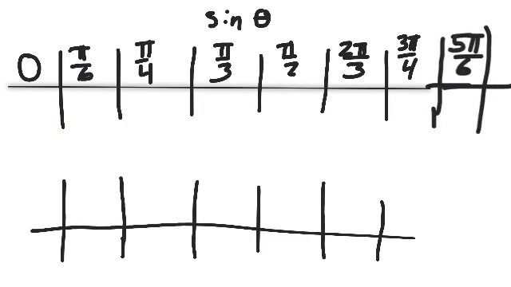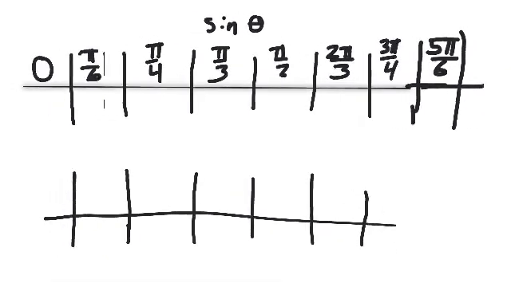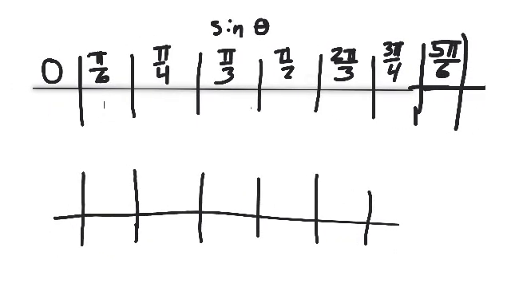And we could rotate 180 degrees, which is pi radians. Okay, so that gets me through the first 180 degrees of the unit circle. Now I'm going to do the second 180 degrees.